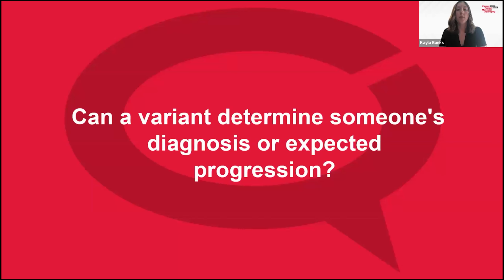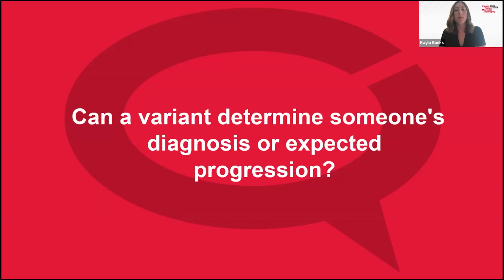Following a positive test result, you may wonder if a genetic variant can determine a person's diagnosis and progression. This is known as genotype-phenotype correlation, where someone's genetics, or genotype, may determine their phenotype, which includes their symptoms and how they change over time. And the answer to this question is sort of.